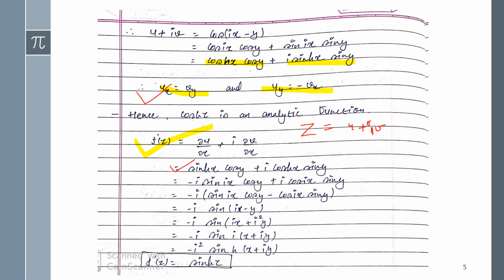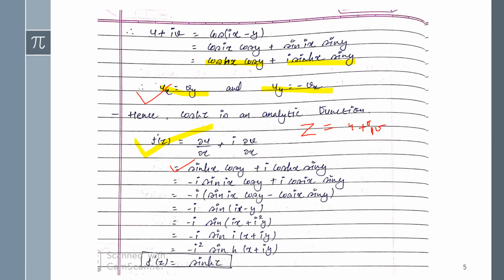Now I am converting hyperbolic into the circular functions. So sin hx equals, we can write, minus i into sin ix cos y as it is plus i cos hx, that is cos ix, into sin y.